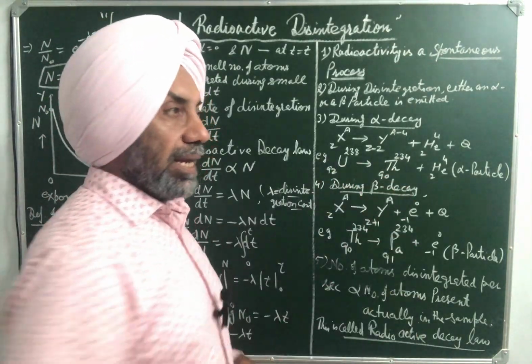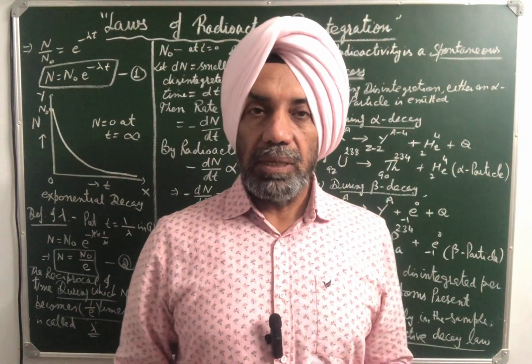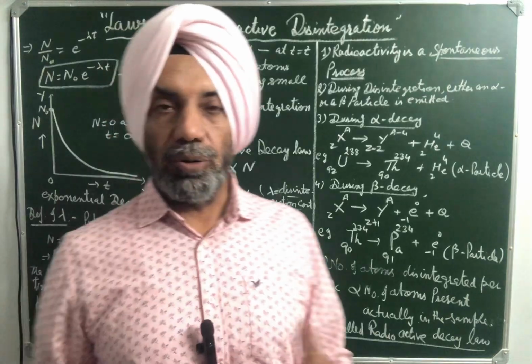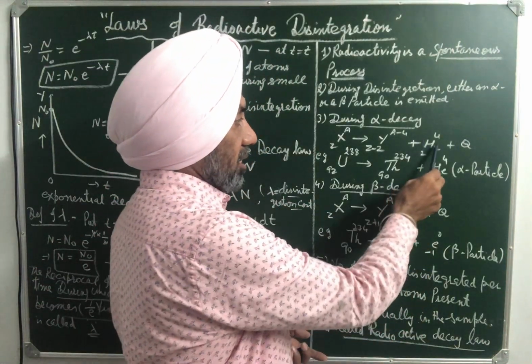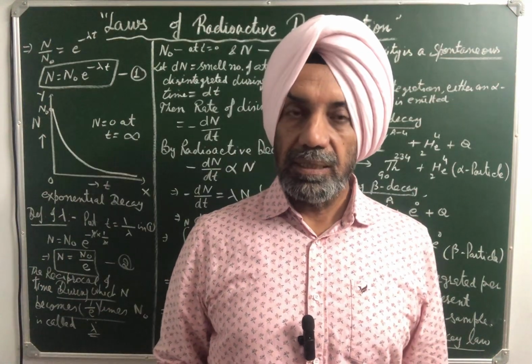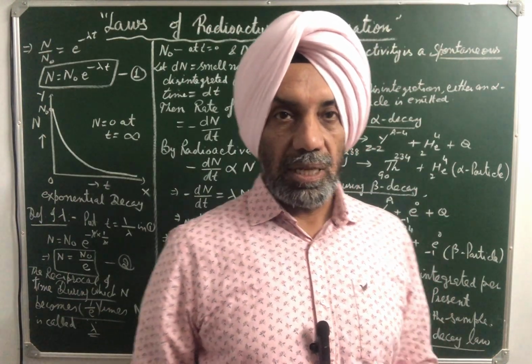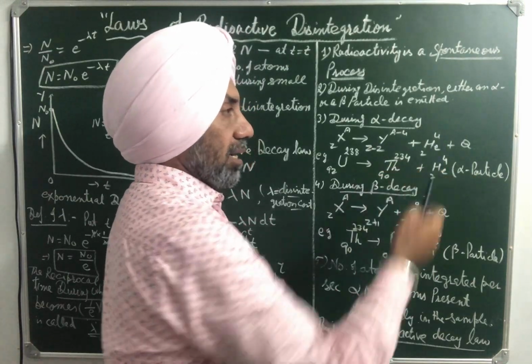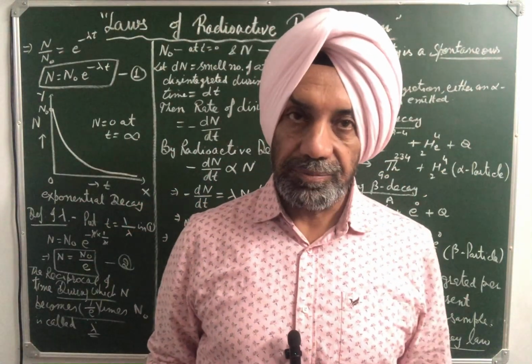During this alpha decay, atomic number is reduced by 2 and mass number is reduced by 4. That's why He 2 4, alpha particle, is emitted and some energy is also released. This energy released is shared by both the daughter nucleus and the emitted particle.